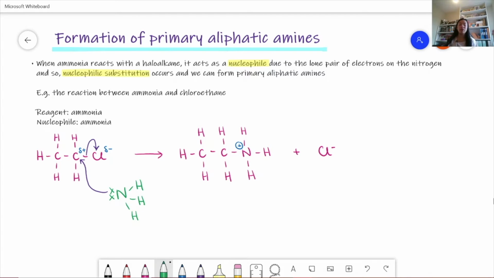A really important thing to remember about these nucleophilic substitutions with ammonia is that we actually have another ammonia nucleophile which attacks. A second ammonia is then attracted to the positive nitrogen.